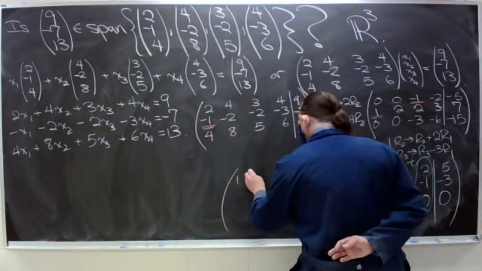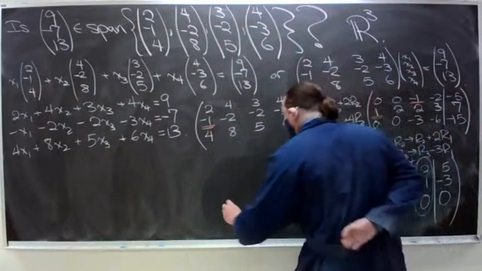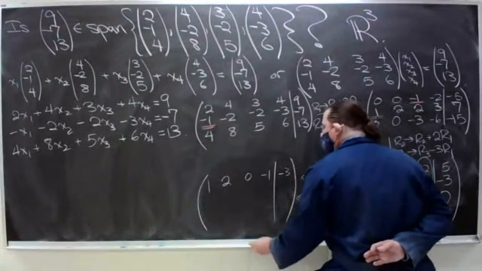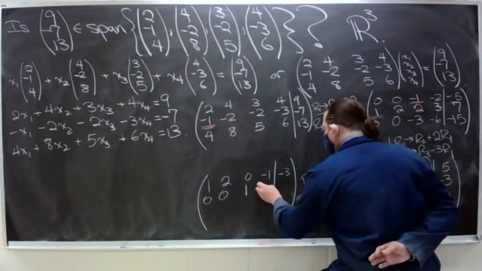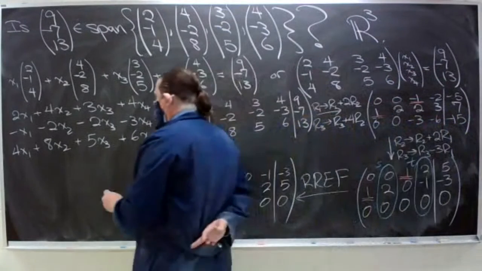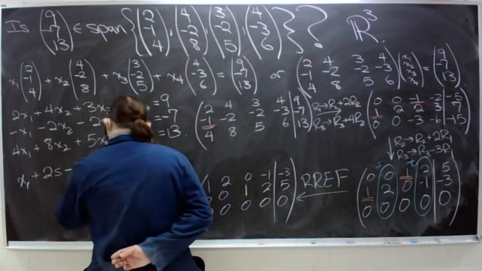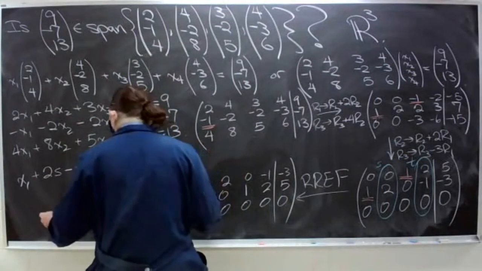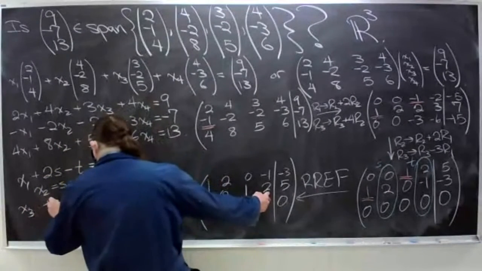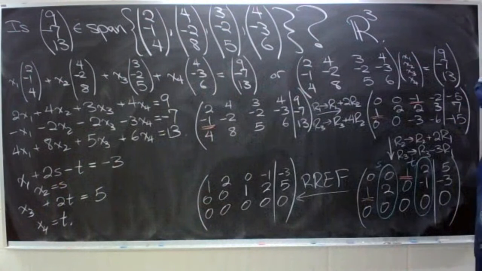If I RREF this matrix, I'll get this, and I can write x1 plus 2s minus t is equal to negative 3, x2 equals s, x3 plus 2t is equal to 5, and x4 is equal to t.